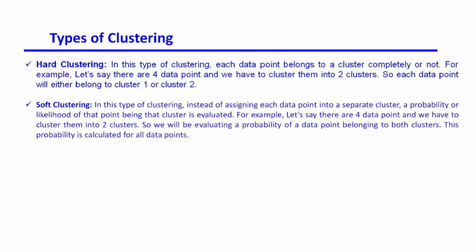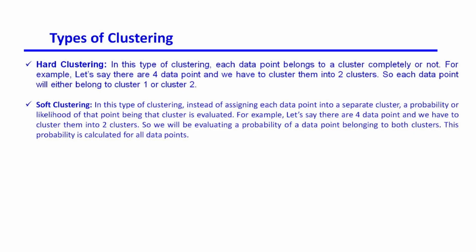Then we talked about hard and soft clustering. I do not want to go into the details of that. Basically, hard clustering means each data point belongs to a particular cluster only, completely. But in soft clustering we can assign a data point to different sets of clusters and tell what is the probability or likelihood of a particular point to be part of cluster 1 or cluster 2 or cluster 3, right.